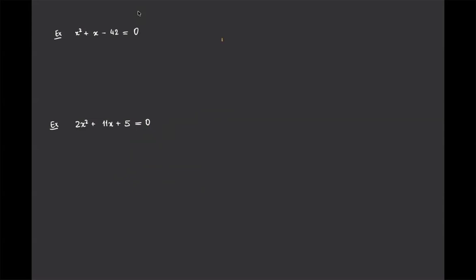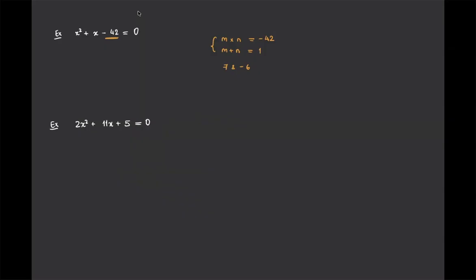I like to call them m and n, which in this case will multiply to give me the constant negative 42, because this is a monic quadratic. And they add to give me the coefficient of x, which is positive 1. So after running through my factors of 42, I see that 7 and negative 6 satisfy both these conditions.